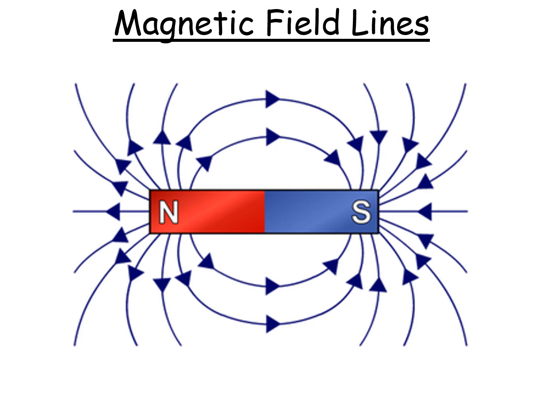Now, just to finish this off, field lines, you've probably seen them before because you probably know about magnetic field lines. So these are field lines which are around magnets, and they kind of do the same thing as gravitational field lines, except they tell other magnets whether to be repelled if they're both the same, or to attract if they're opposite.